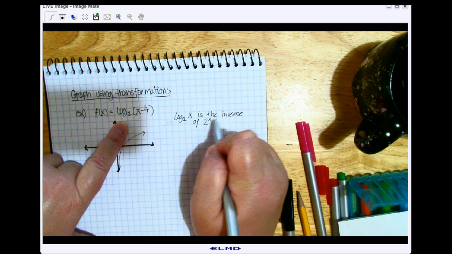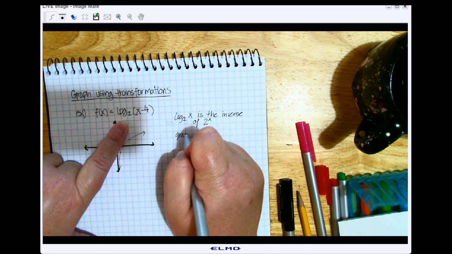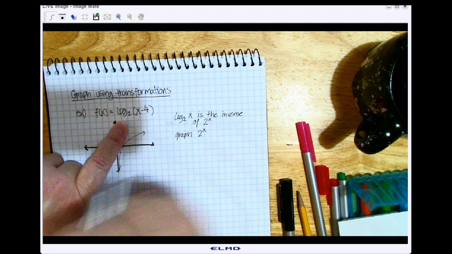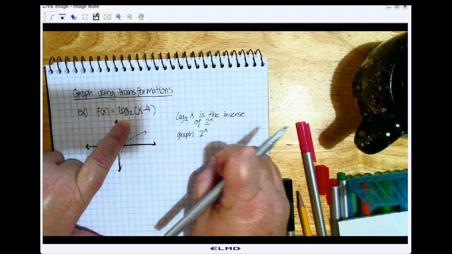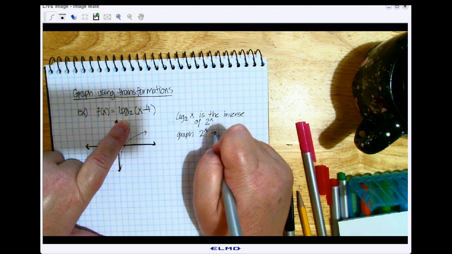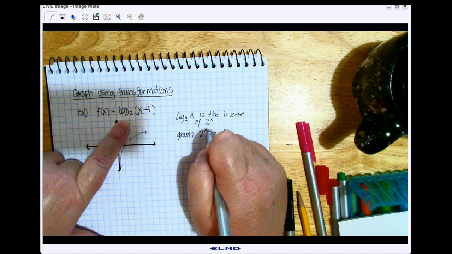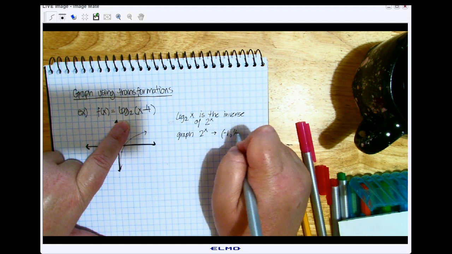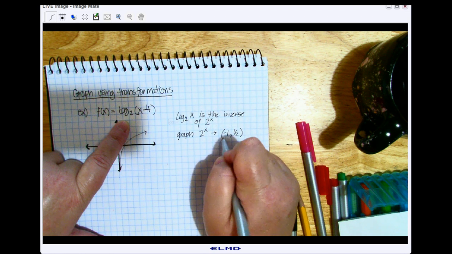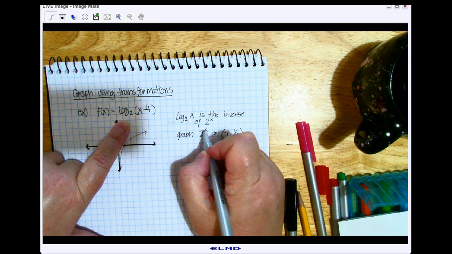We graphed 2 to the x power last week. So if we start with what we know, graphing 2 to the x power, we get the 3 points. We put -1 in for x, we'd have 2 to the -1 power, which is 1/2. If we put 0 in for x, we would have 2 to the 0 power.